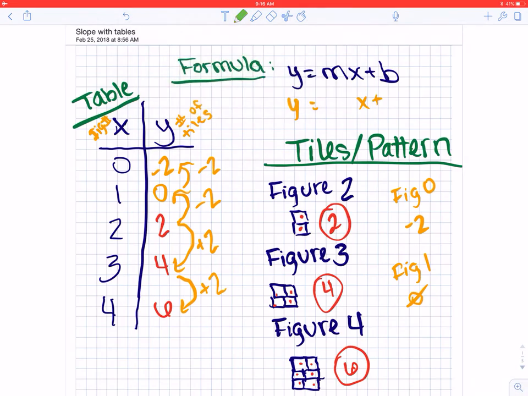My slope, my m, is how my pattern's changing. Well, my pattern's changing by 2. And then my b is my 0 pair, which isn't plus in this case. It's minus 2. Okay, so now we have our table. We have our figure numbers added that weren't there, and we have our slope formula. The only other thing we would do is graph. So let's do some practice problems.